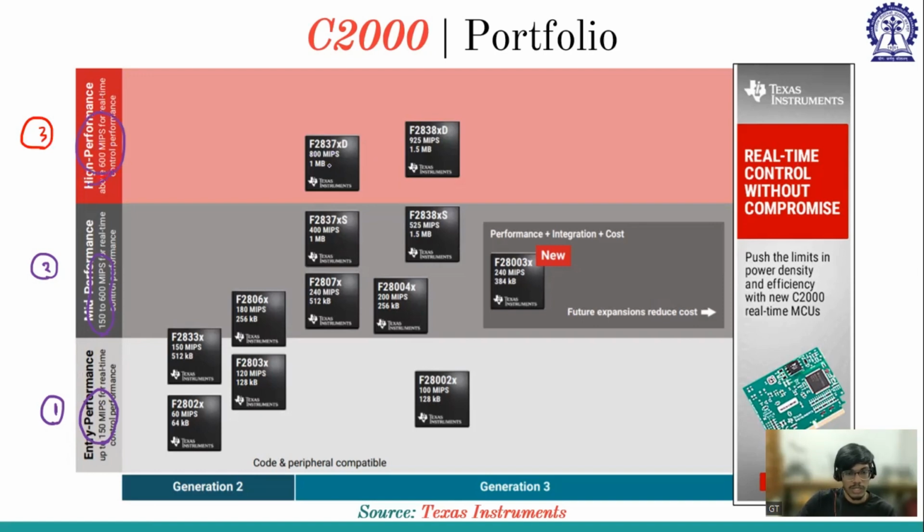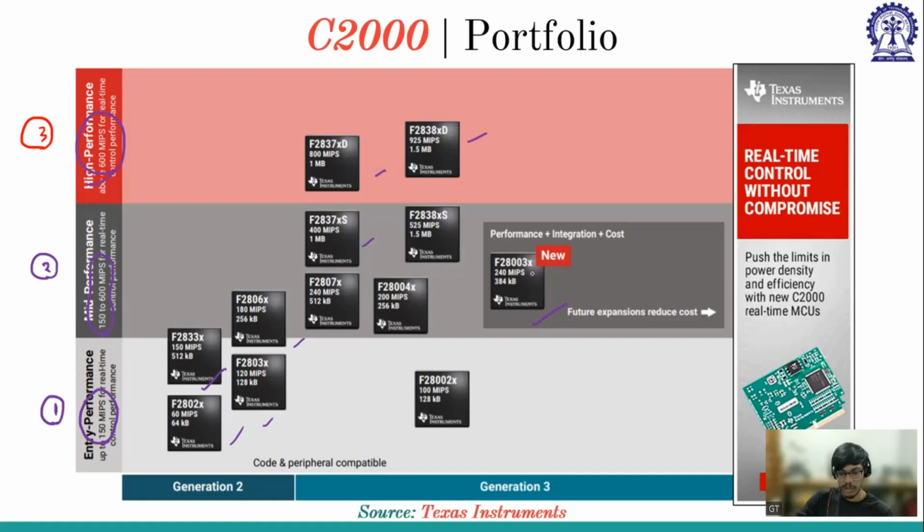As you can see, these are the memory sizes, 1 MB, 1.5 MB, and it has 925 million instructions per second. Depending on the application, if you need high performance, then you have to go for high performance. Accordingly, the cost will vary and the performance will of course vary. I think this is the new one, where they are going 240 MIPS and 384 KB of memory. Depending on the application, we have to select the microcontroller.